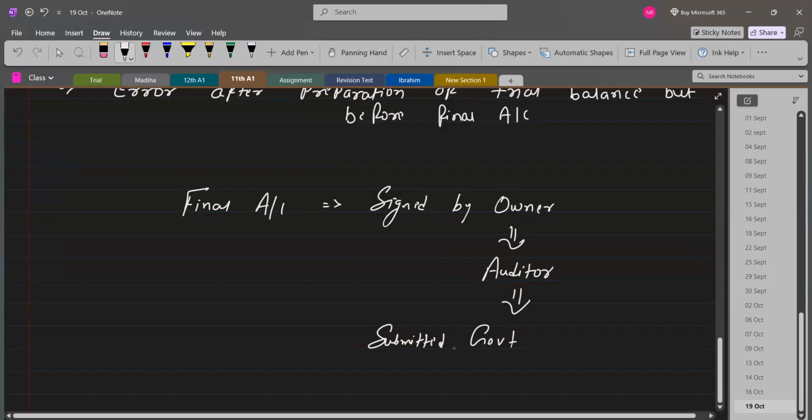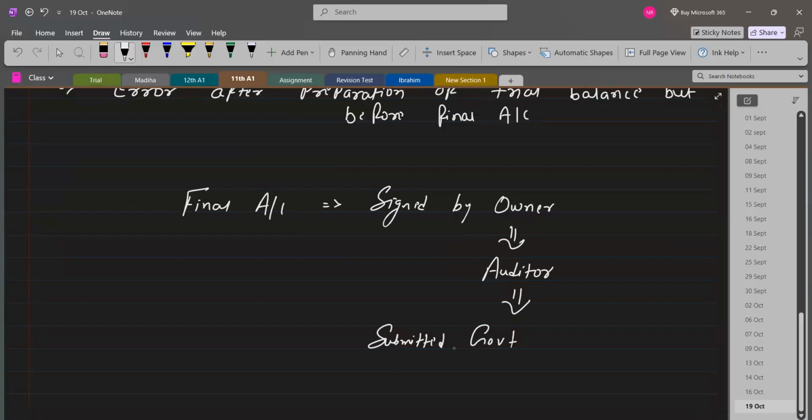Now tell me, can this final account be rectified when we find the mistake? No, sir. I'm asking the question again. Can this final account be corrected?